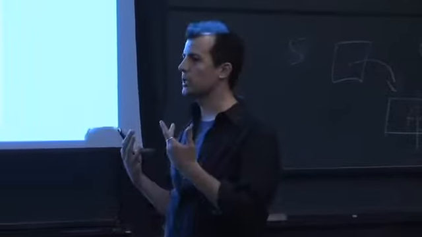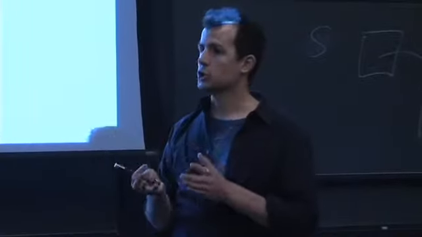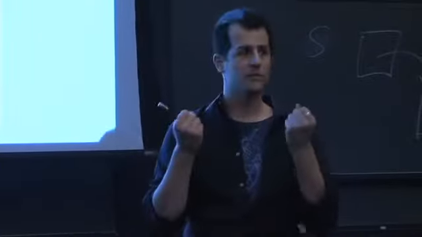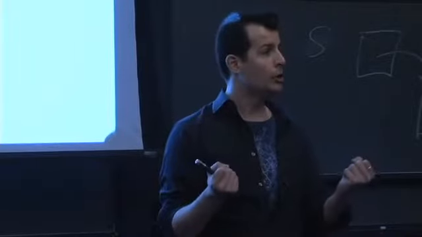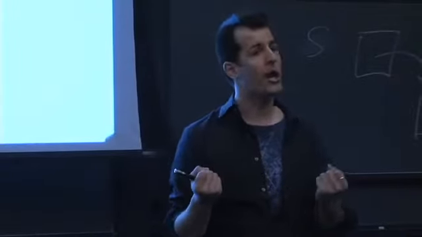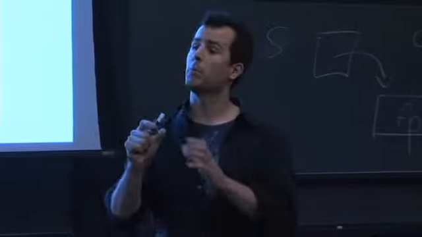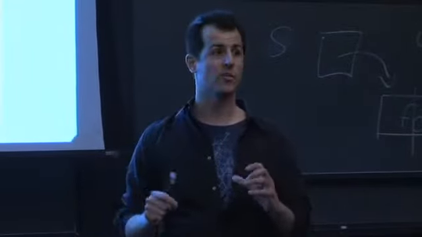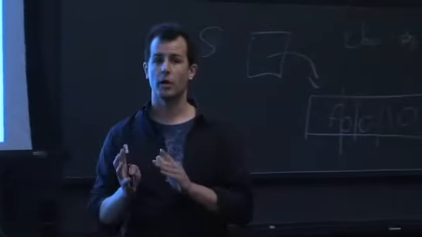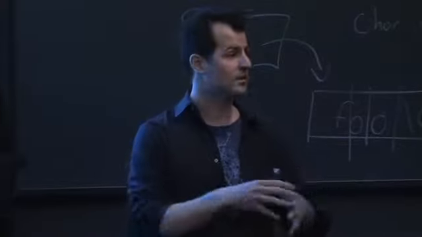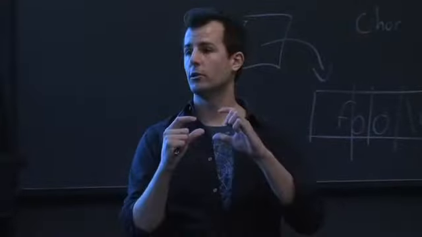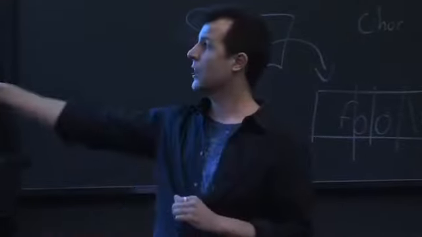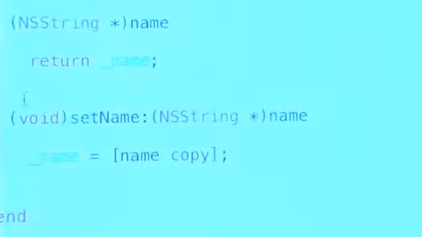So conceptually, if you want an object to truly have its own copy of something, and that something's a string, you need to implement a bit more functionality to actually copy the bits that compose that string, not just the address. Thankfully, this is easy, because a string, in this case, is an NSString, not a C string, not a low-level char star. It's an object, which means we can pass it messages.